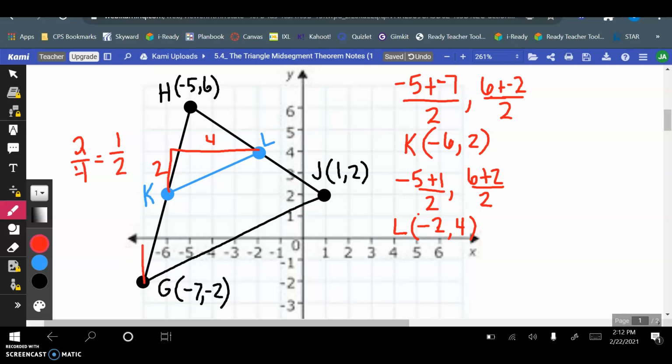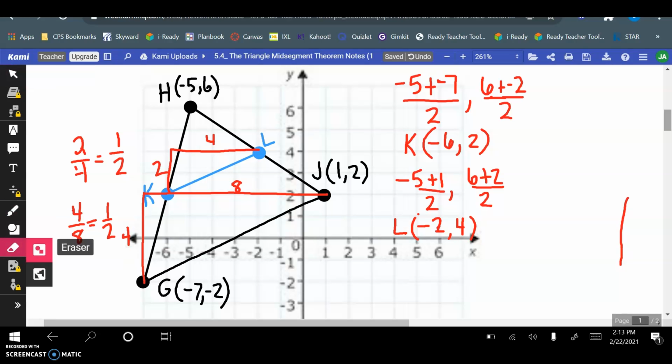Then I'm going to do the same thing for GJ. I'm going to go up 4 and over 8. So up 4 over 8 reduces to 1/2 as well. That proves that they are parallel because they have the same slopes.